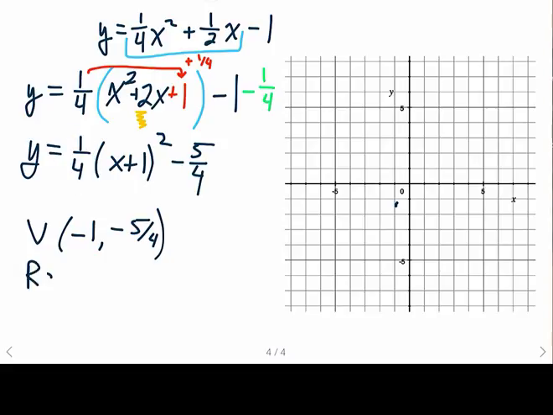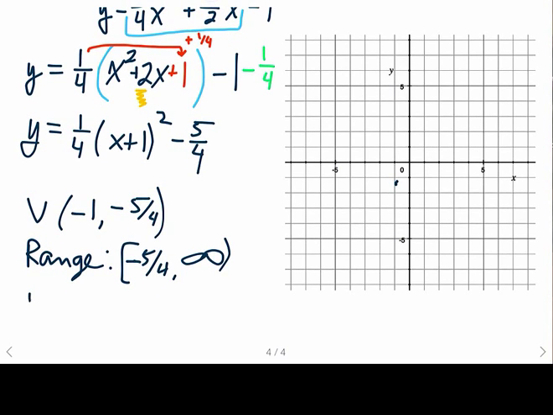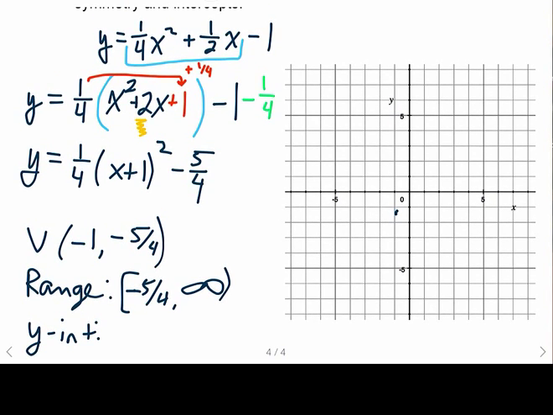We can talk about the range. Because it opens up, the range is going to be negative 5/4 to infinity, and these are always a square bracket at the numerical value of the range. The Y-intercept, generally one of the easier things to find. Remember, the Y-intercept is where x is 0.